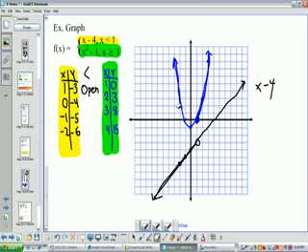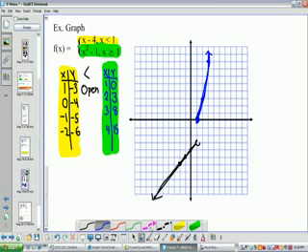Graph the two, and then go and erase. So the parabola is when x is greater than or equal to 1, so erase that part. And the x minus 4 is only true for 1 and below, so erase that part. So it's another way of graphing your piecewise functions.